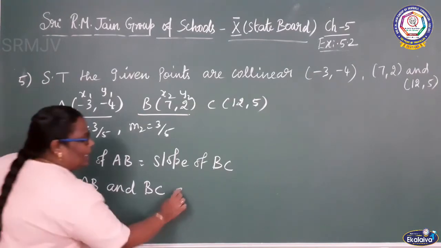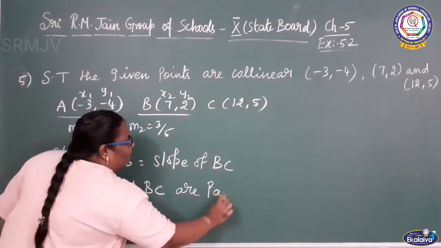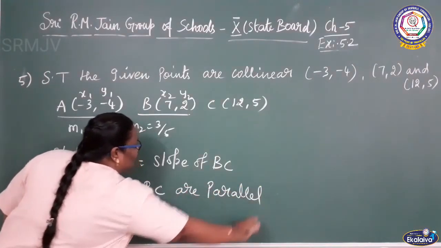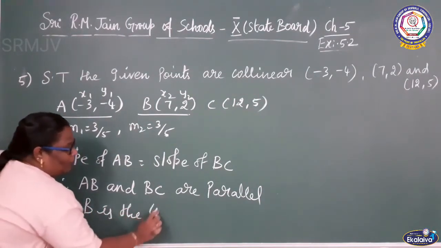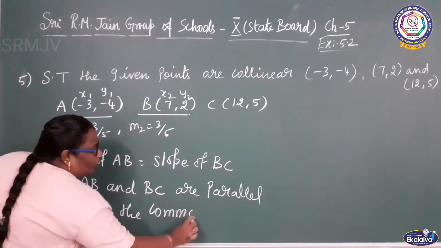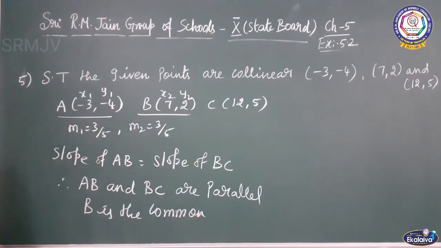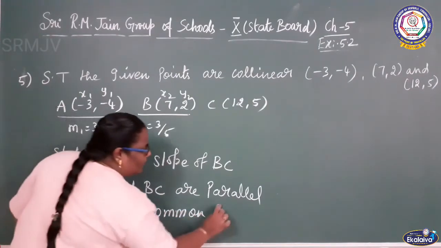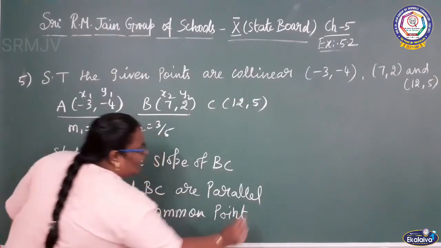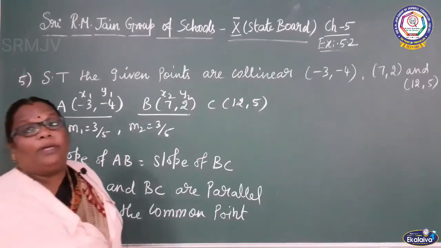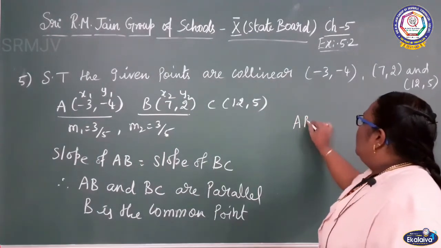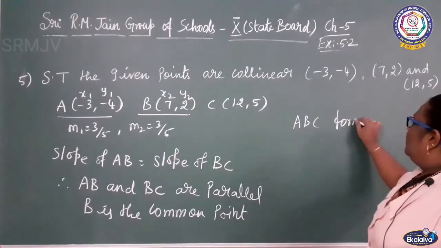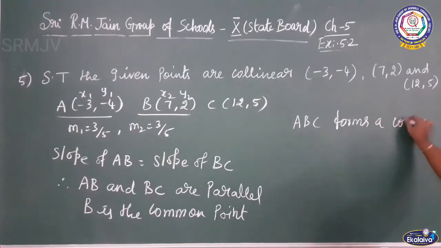Therefore, AB and BC are parallel. Here B is the common point. Therefore, the lines are parallel and B is the common point, so A, B and C form a collinear set.